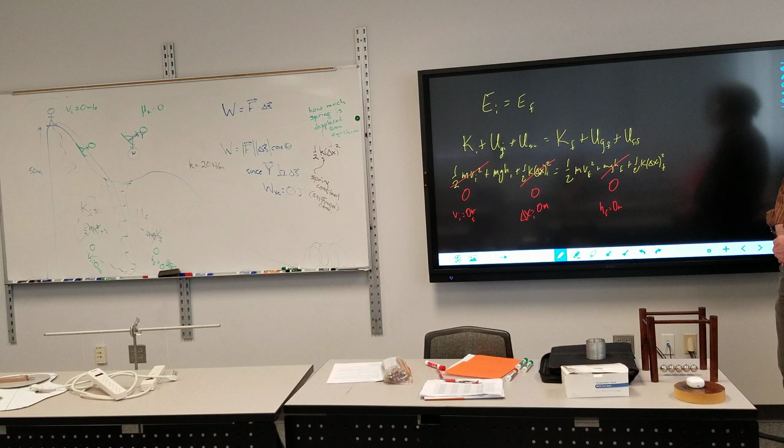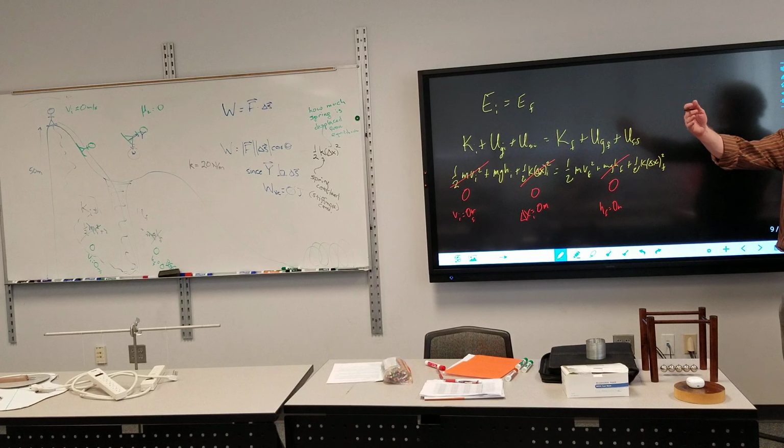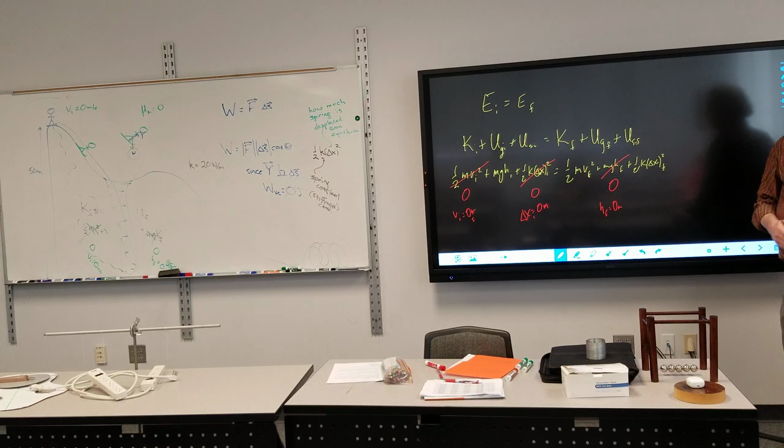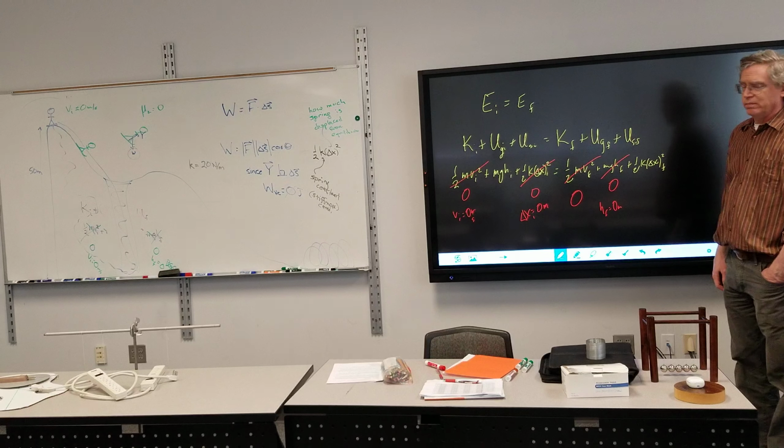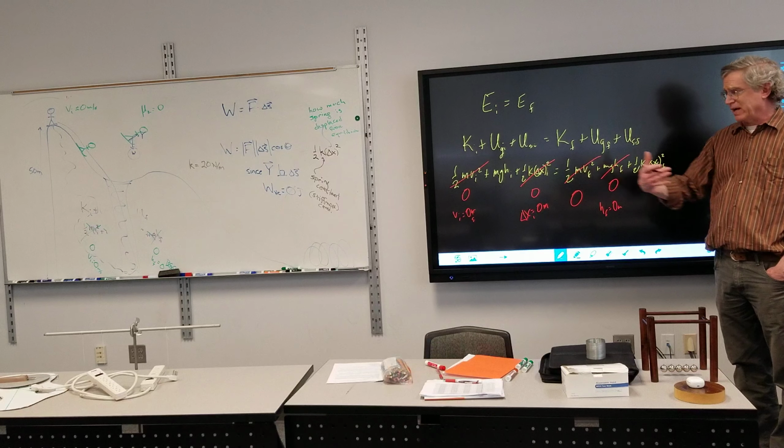The final velocity is 0. Because when you hit the spring, you're moving, but the spring is going to keep compressing until you stop moving. It's going to be that turnaround point. And so this has to be 0 also, because that will define the maximum compression.